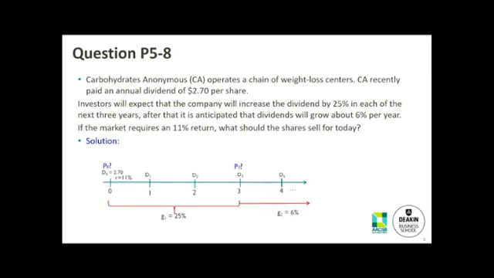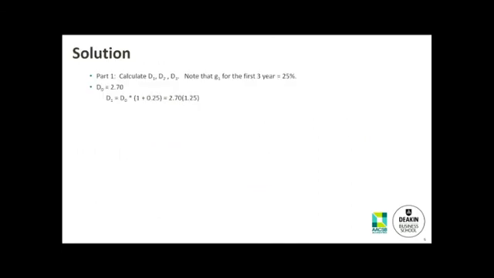Let's see the solution. At time 0, you have a D0, $2.7. Then 25% each year for 3 years. D1, D2, D3 will be affected. Starting from D4 onward, constant growth rate, 6%. So you can use the constant growth rate model to work out P3. P3 equals D4 divided by R minus G. Let's work out D1.